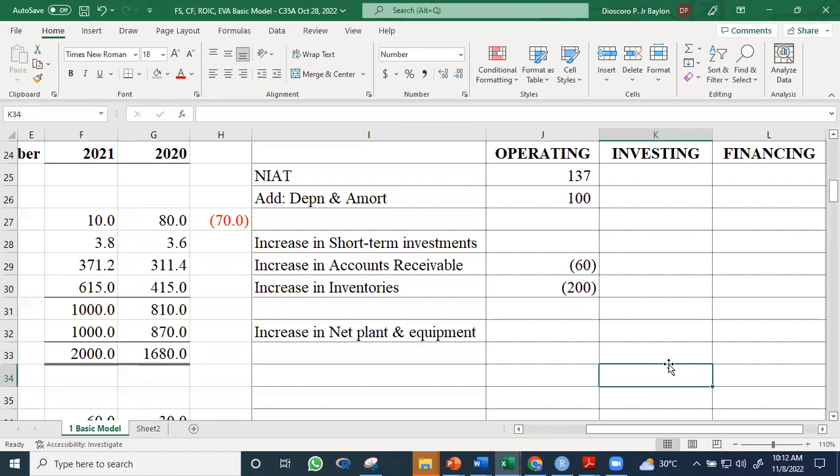Any answer from the class? What do you think? This is net plant and equipment. It includes machinery, all the property, plant, and equipment accounts. Building, land. Let's wait for more answers. Only 2 answers so far. How about the rest, guys?